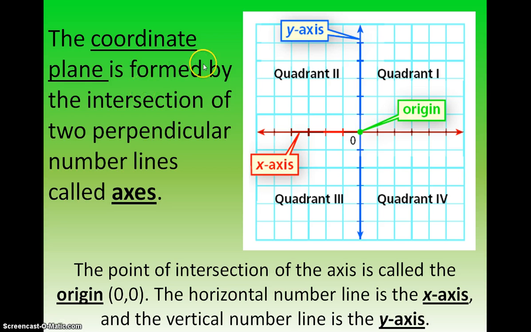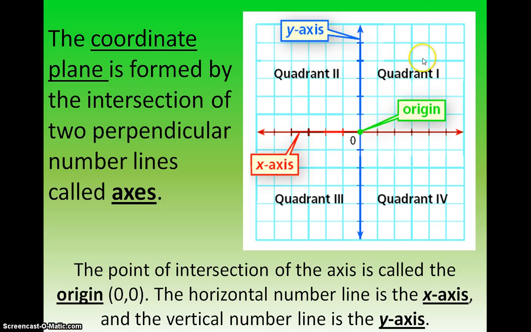But a coordinate plane is formed by the intersection of two perpendicular number lines called axes. So again, as you remember, the x-axis goes left and right, and the y-axis goes up and down to create the space, which is called the coordinate plane. Now realize that our quadrants, draw it if you need to, start off, and there's 4 of them.